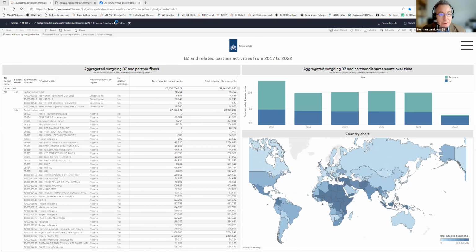There's the dashboard. That's the dashboard. And yes, what you see here is a country dashboard.